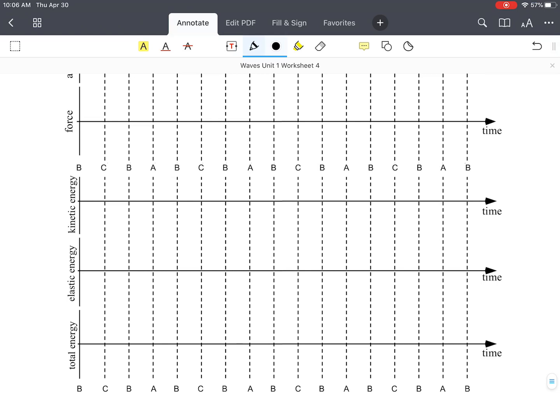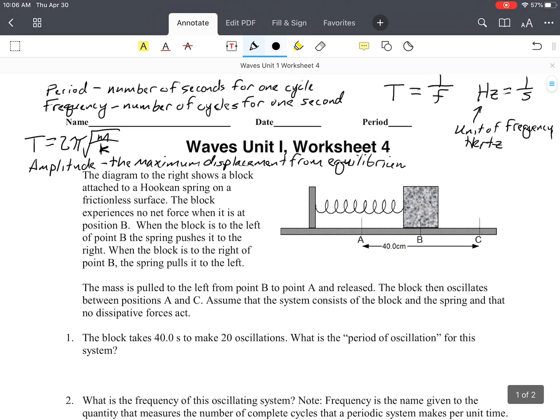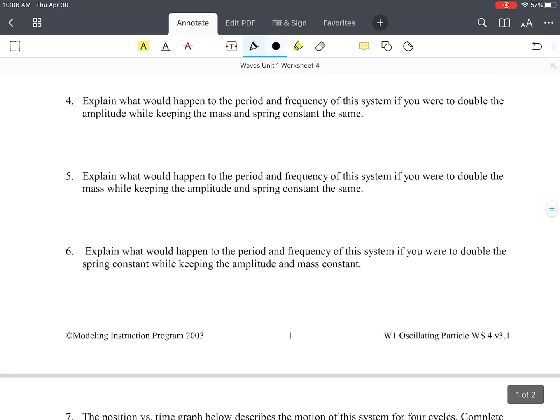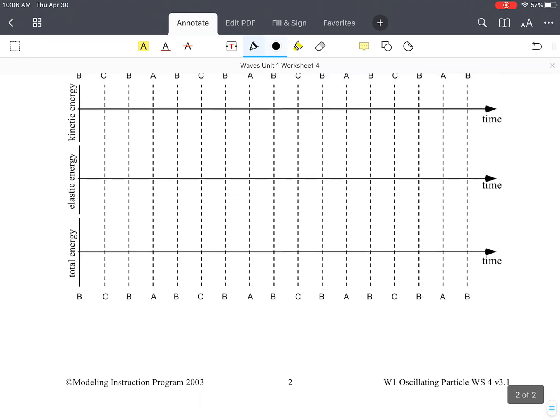And so one thing about total energy, hopefully you can remember, is that if there are no external things that are taking energy away from your system, in this case the system would be our box and our spring. If there's nothing like friction taking energy away, the energy should stay the same the whole time, but just change from kinetic to elastic energy.